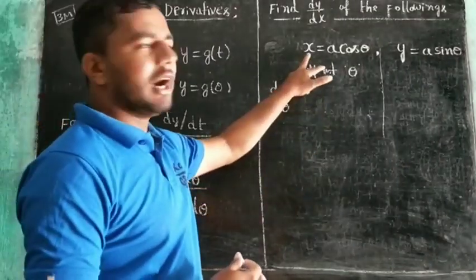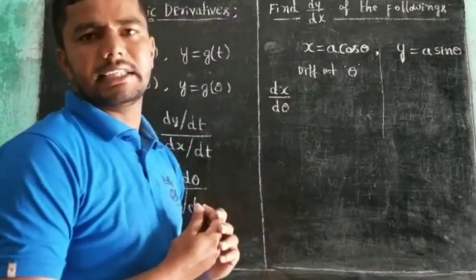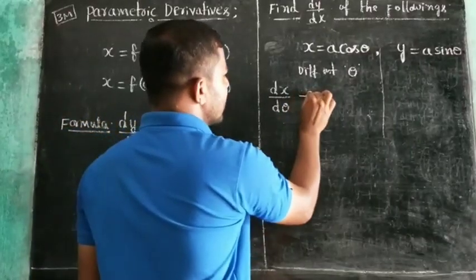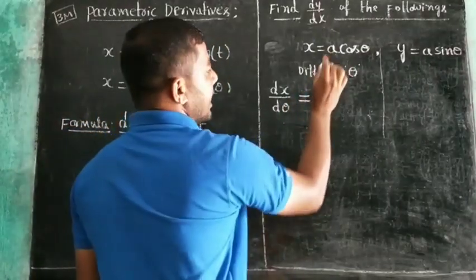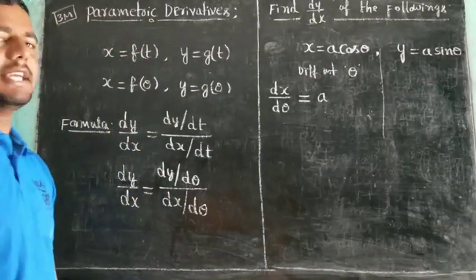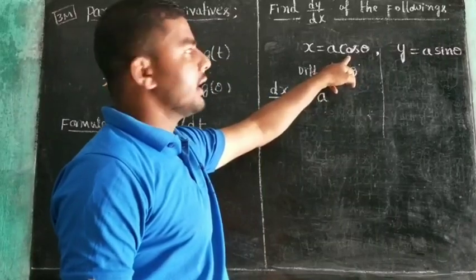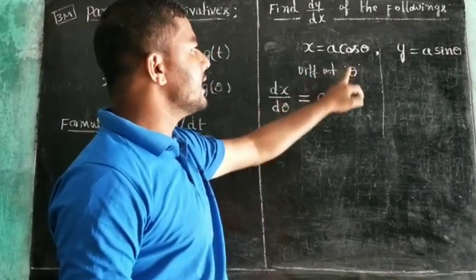The derivative of x with respect to theta is dx divided by d theta. That is equal to, here a is a constant, keep a as it is, and then cos theta. Write the derivative of cos theta with respect to theta.